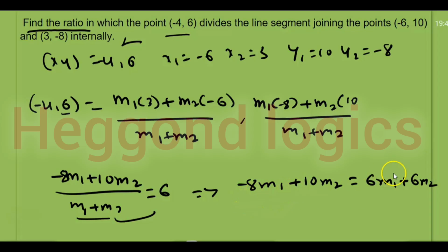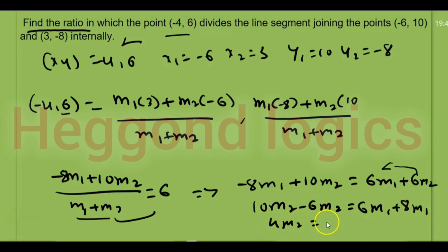Now we are transferring this 6 m2 to this side and 8 m1 to this side. 10 m2 minus 6 m2 is equal to 6 m1 plus 8 m1. 10 minus 6 is 4 m2 is equal to 6 plus 8 is 14 m1.